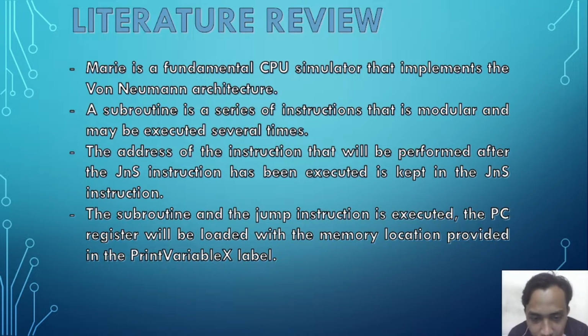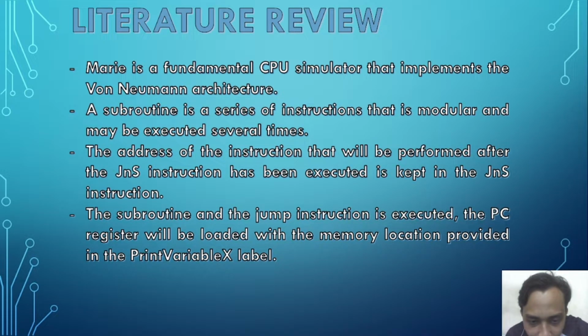There are many registers in MARIE. Examples include the accumulator (AC), program counter (PC), memory address register (MAR), memory buffer register (MBR), and instruction register (IR). A subroutine is a series of instructions that is modular and may be executed several times.